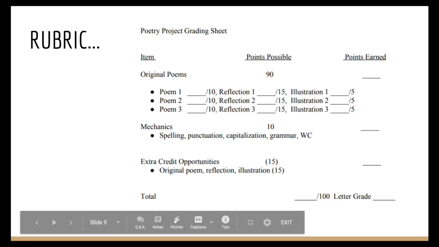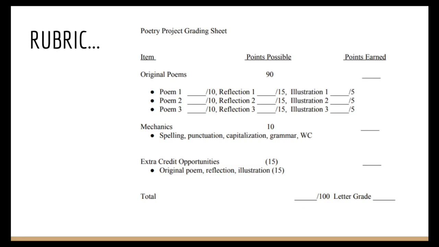All right, since we have adapted the requirements for this assignment, obviously the rubric is going to change. So for your 3 original poems, reflections, and illustrations, in addition to grammar and mechanics, you're going to have a possible total of 100 points.